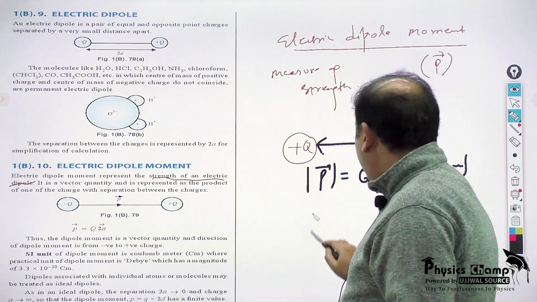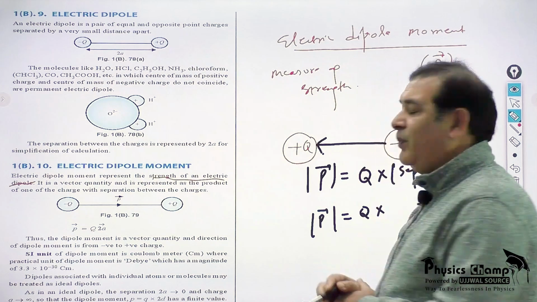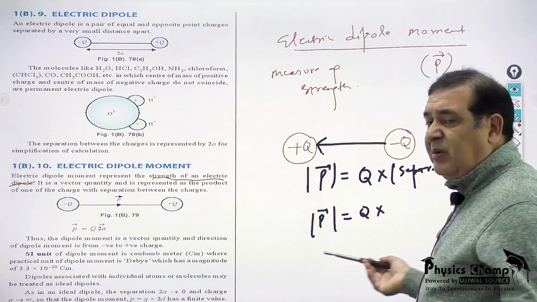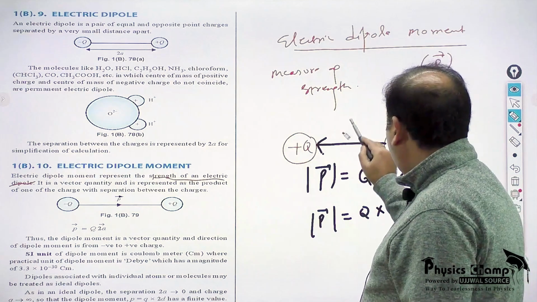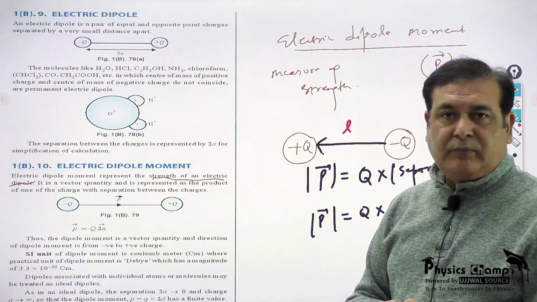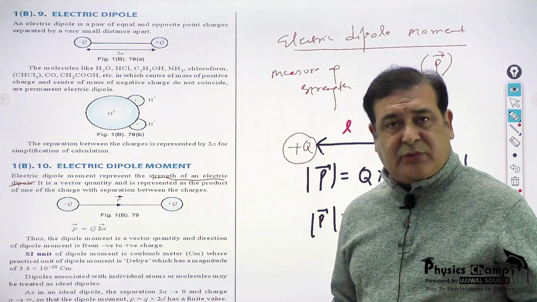Now how to represent the separation between the two charges? You can call it L, you can call it R, you can call it A also.